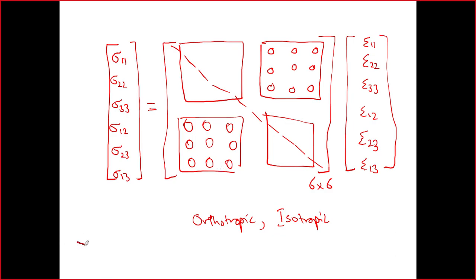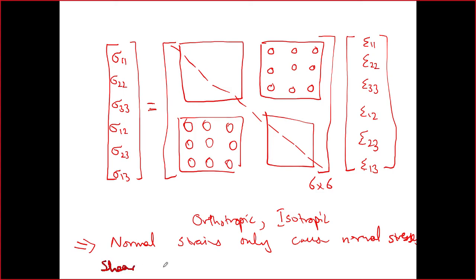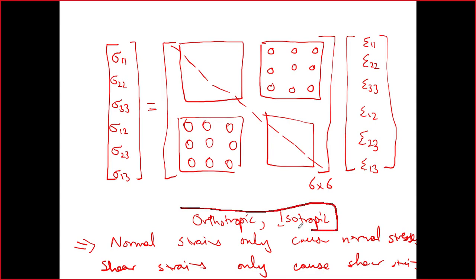So that means normal strains only cause normal stresses, whereas shear strains only cause shear strains, for these two materials, because of the fact that the stiffness tensor is zero in these two 3x3 parts of it.